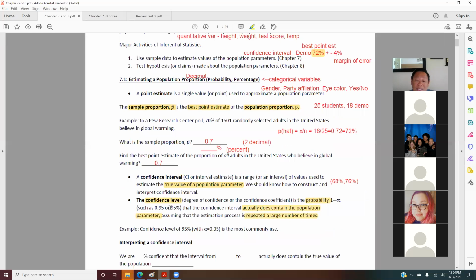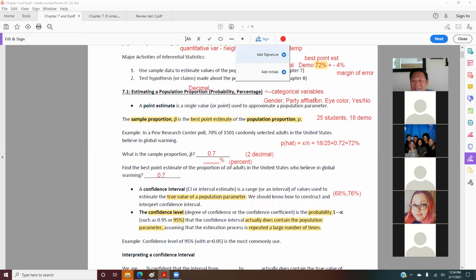So usually we use a 95% confidence level here. If you say this is the percentage of people who vote for Democrat for all the Americans, not just this school or this class, then I will say this is 95% confident. So when I say 95% confident, it means that there is still 5% error.